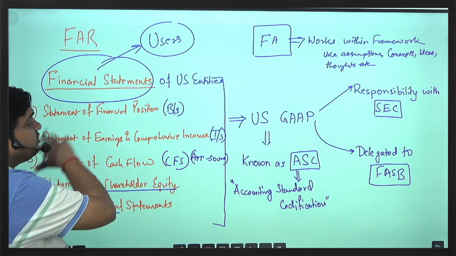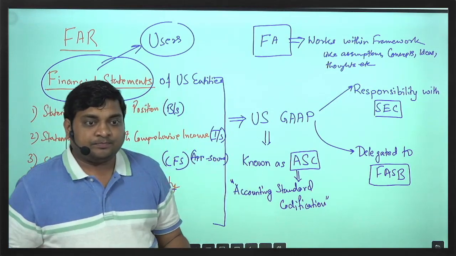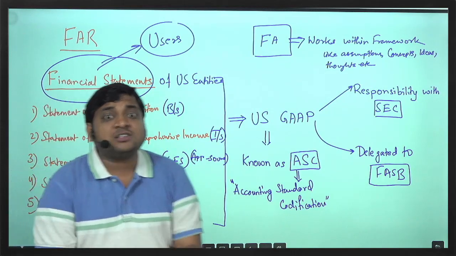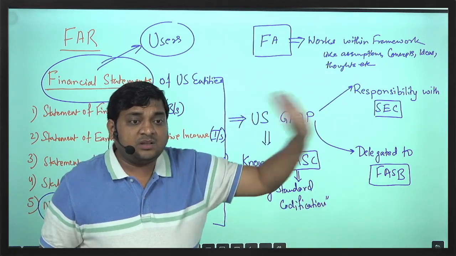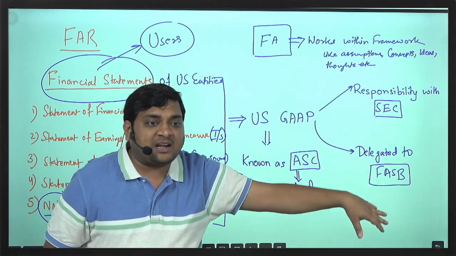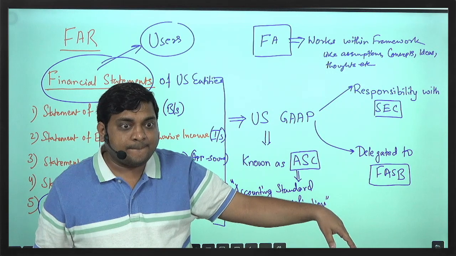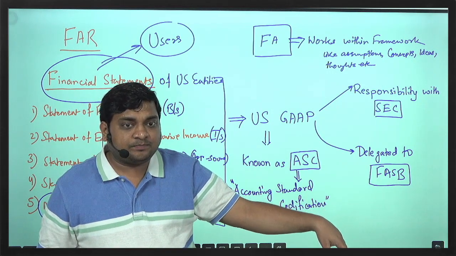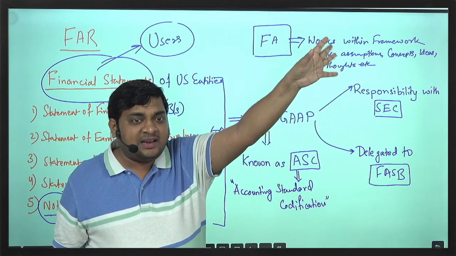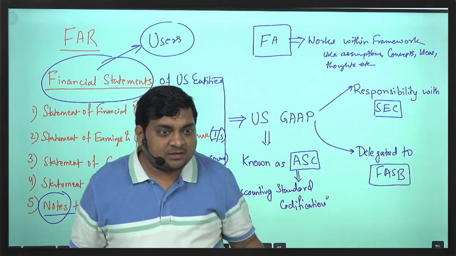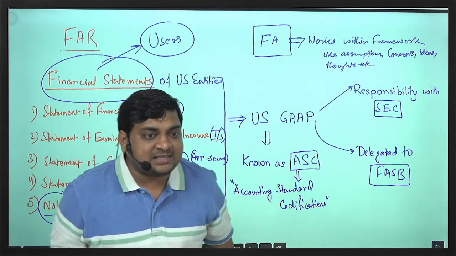Now whenever you prepare this for US entities, you have to follow US GAAP. If it was Indian company, accounting standard issued by Institute of Chartered Accountants of India. If it is some global country, any entity, it's IFRS or that country's accounting standard. If it is US entities, it is US GAAP.